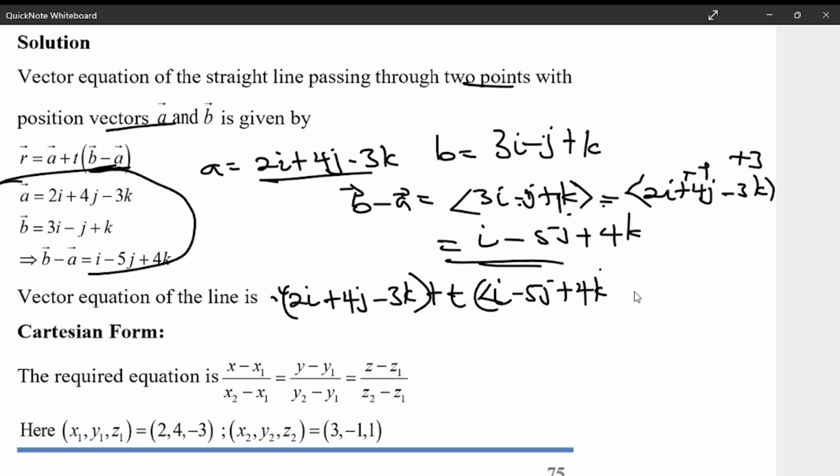We've already found that one, so there's no need to rewrite it. We had our b minus a to be i minus 5j plus 4k.